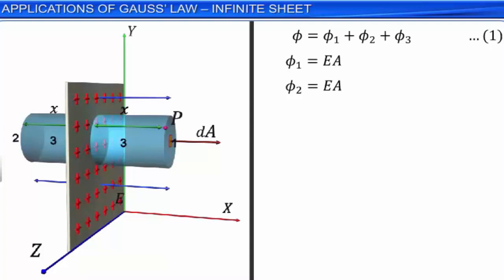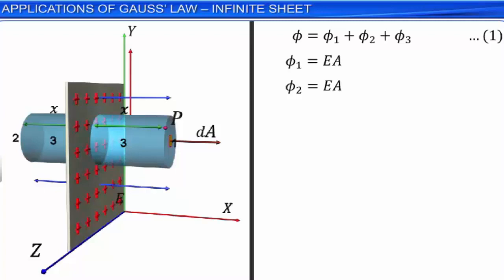At every point on the Gaussian cylinder, the electric field strength E and the outward normal to the surface, which represents the area vector, are perpendicular to each other. As the angle between the area vector and the direction of the electric field is 90 degrees, and as cos 90 degrees is 0, we have the flux phi 3 is equal to EdA cos 90, which is equal to 0.